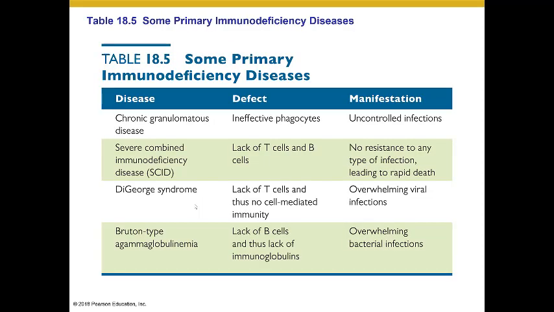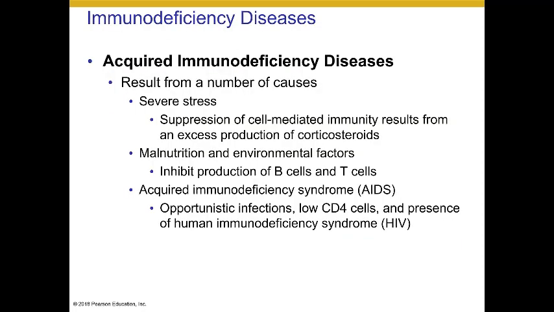Here is a list of some of those primary immunodeficiency diseases. They give you the name. They tell you what the problem is in your immune system. What are you lacking? And then what happens as a result. That's basically the bulk of what you have to know. We're going to spend most of our time on HIV and AIDS.